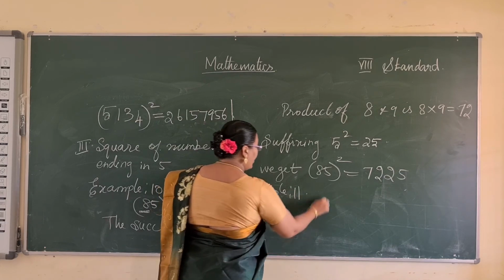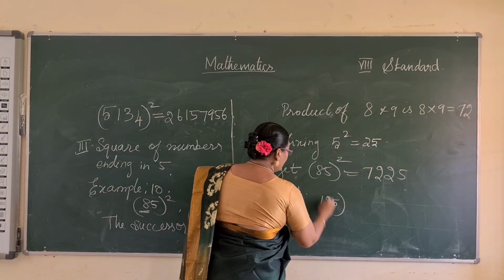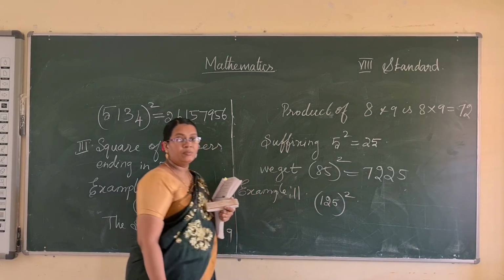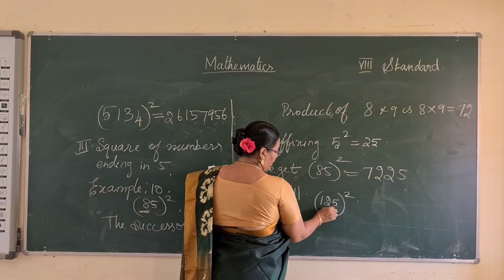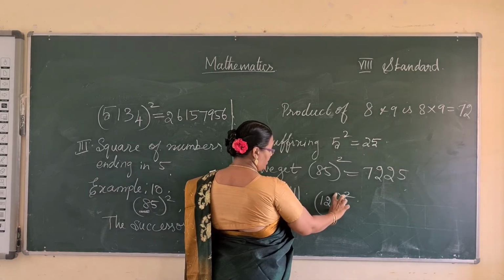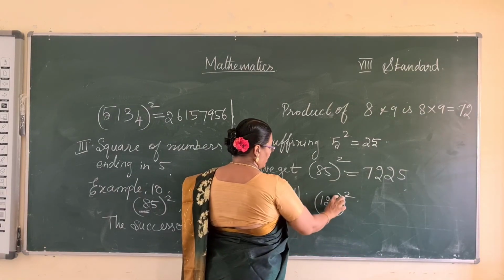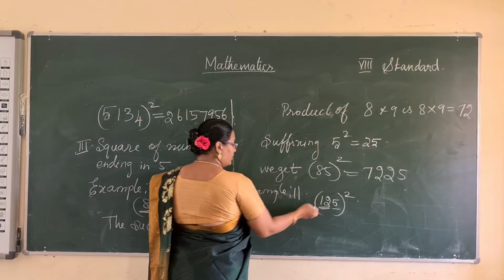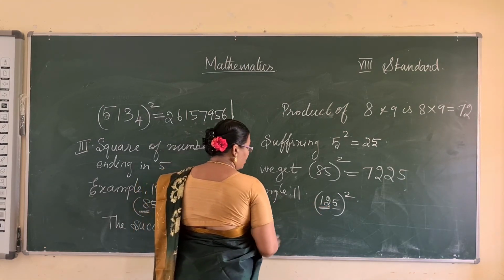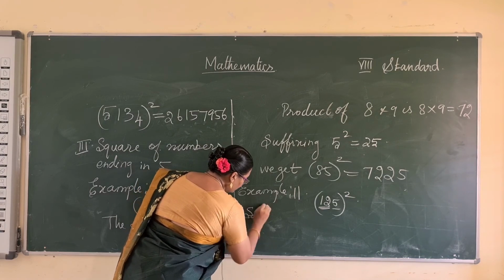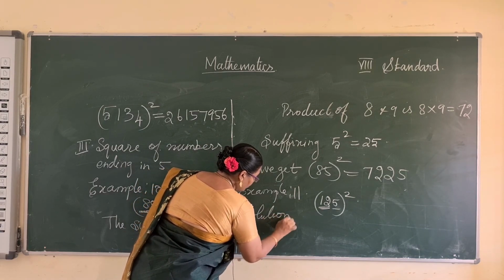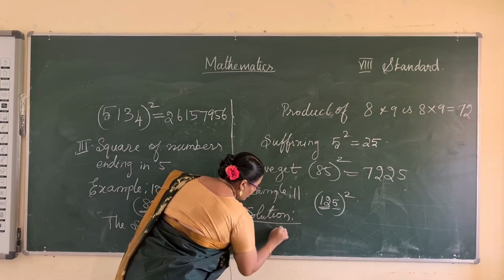See another example. Finding the square of 125 using the shortcut method. Here also we leave the 5. This is the suffix, consider the last. And the prefix value is 12. So what is the successor of 12? Easiest method.